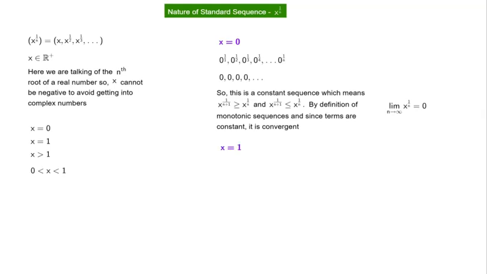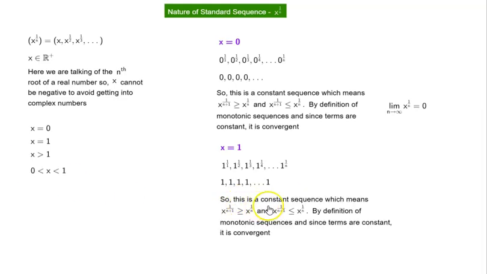Okay, now let's take the second case, x equal to 1. Very similar to the x equal to 0 case. So we have a sequence of ones. Again, this is a constant sequence, which means x to the power of 1 by n plus 1 is greater than or equal to x to the power of 1 by n, and x to the power of 1 by n plus 1 is less than or equal to x to the power of 1 by n.